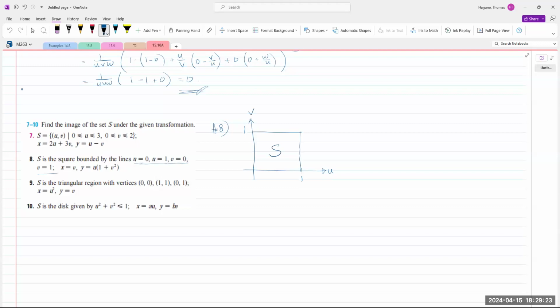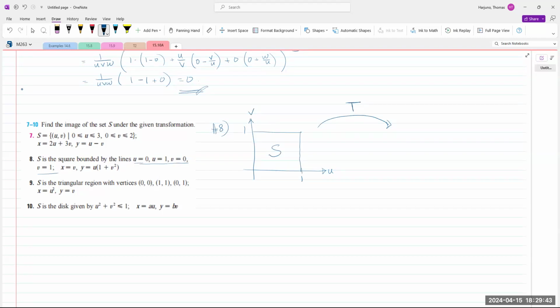This is S, a very nice domain to integrate with. The thing is we want to transform this into something ugly. Of course, I don't know why we do that, but let's take it by faith for now.